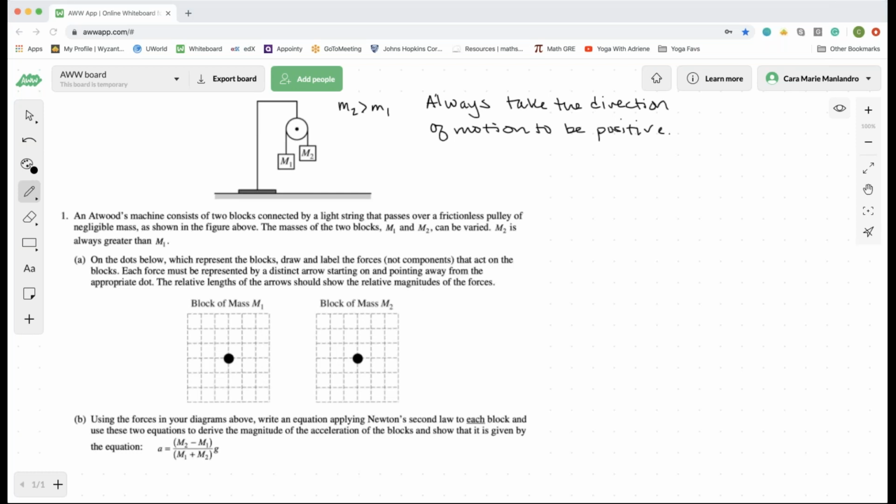Everybody agree with that? Yeah? Great. So I am going to denote this as maybe 2 lines as M1G and maybe 3 lines here as the force of tension.